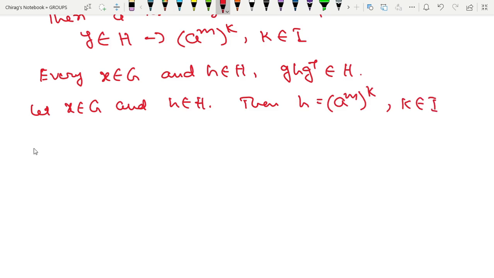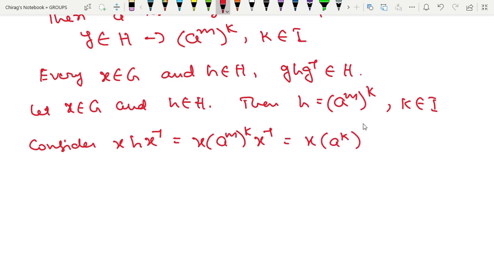Okay. Now consider x h x inverse, which is equal to what? x (a^m)^k x inverse, which can be written as x (a^k)^m x inverse.